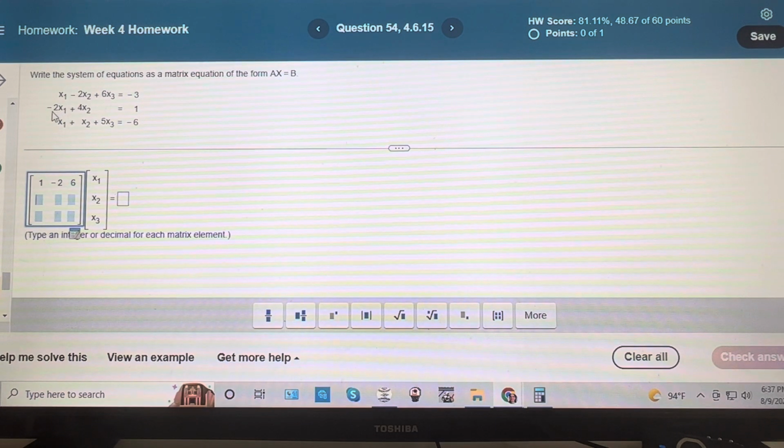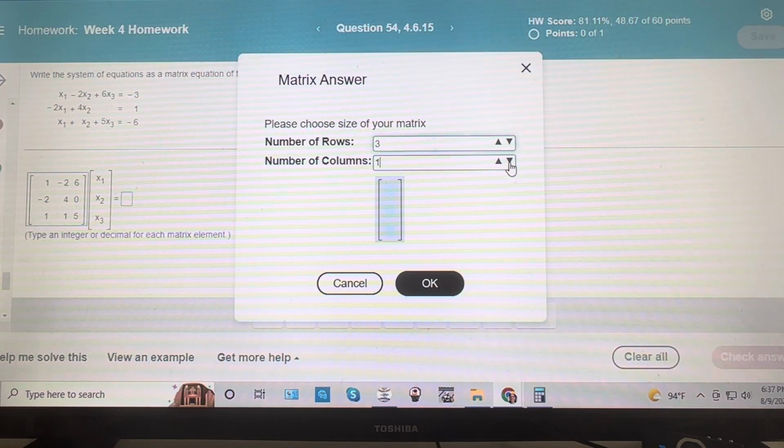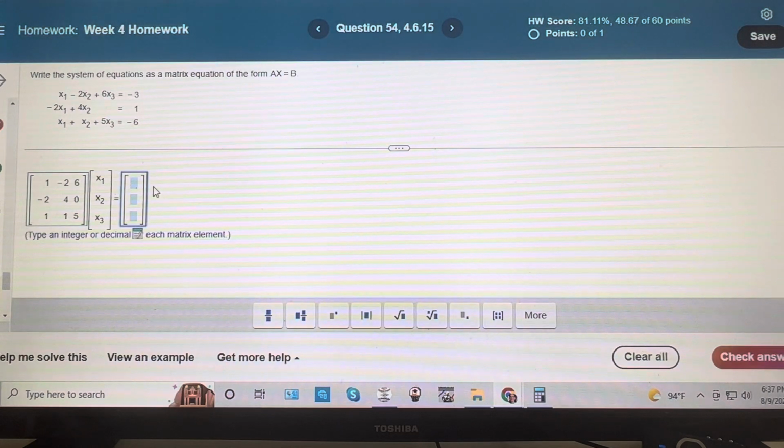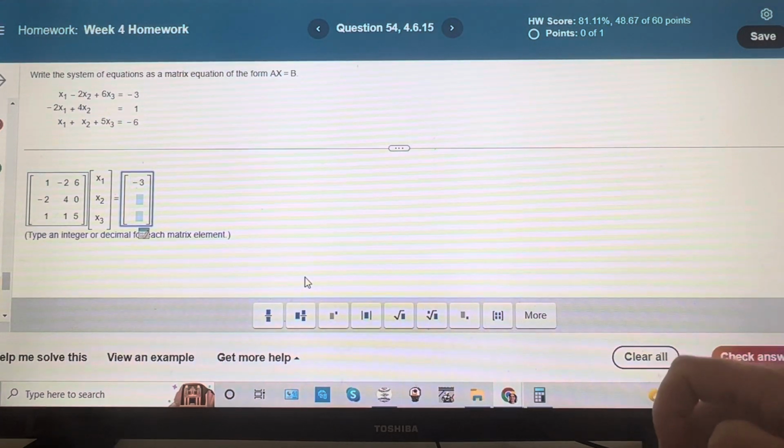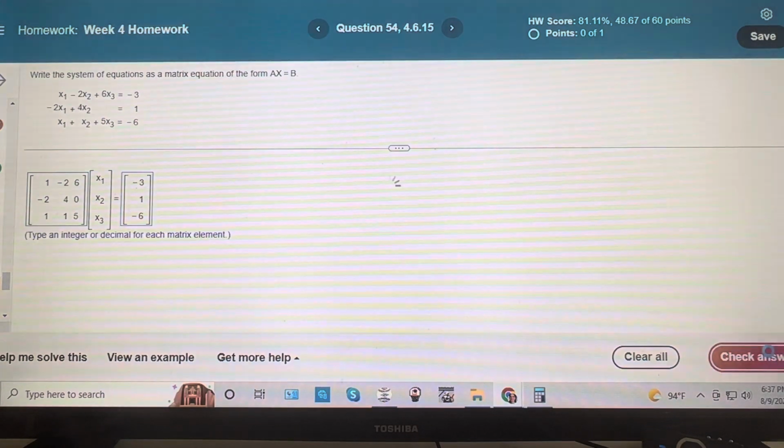And then there's a -2, a +4, and if it's blank, it's literally a 0. There's sometimes zeros inside the matrix. And then 1, 1, 5 for the bottom row. And that'll equal your x, y, z, and then this answer is your 3 by 1 right there. So I need a 3 by 1, and it's literally -3, +1, and -6. So again, all you're doing is translating these back and forth.